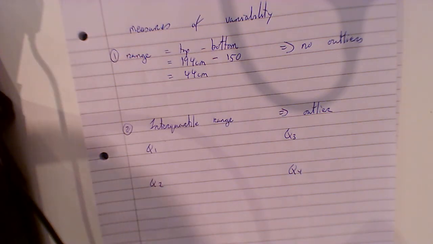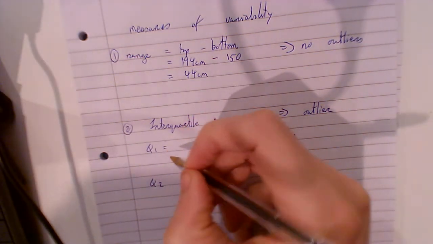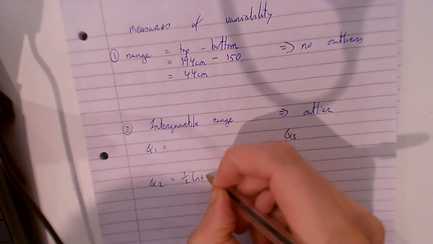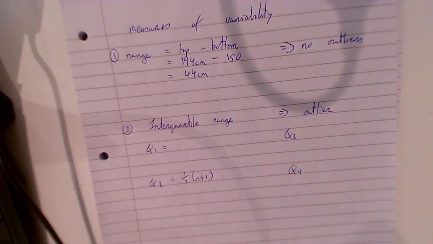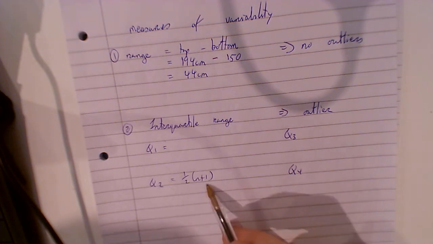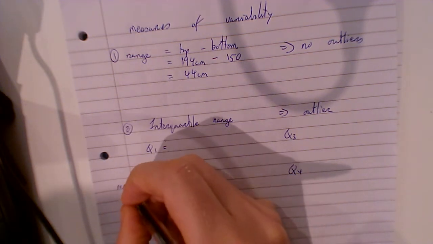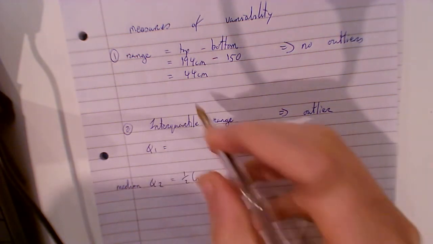Really simple. Okay. So with median, what we had was a half of n plus 1. And we'd find out what the data was for that. That is the second quarter. It's the halfway point, so it is the median. Okay?